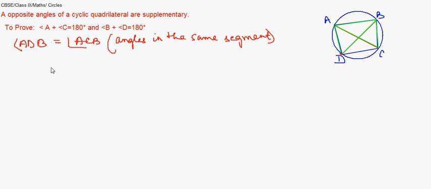On the other hand, if we take BC as the chord, the two angles drawn will be BAC and CDB, right? So CDB will be equal to CAB, in the same reason, being angles on the same segment, this time the segment being BC.